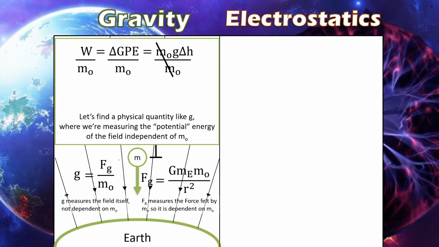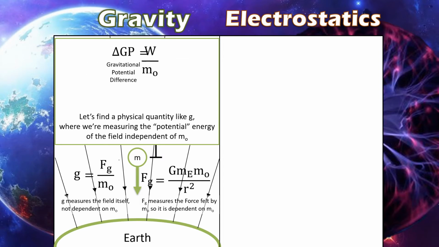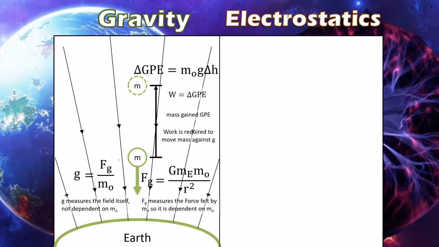The mass cancels out, and the gravitational potential energy divided by the mass is known as the gravitational potential difference between those two points that we showed before. This is a new concept: the gravitational potential difference is the work per mass of the field.